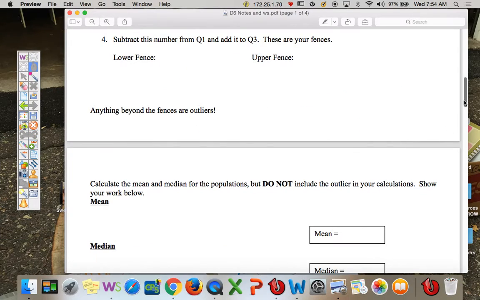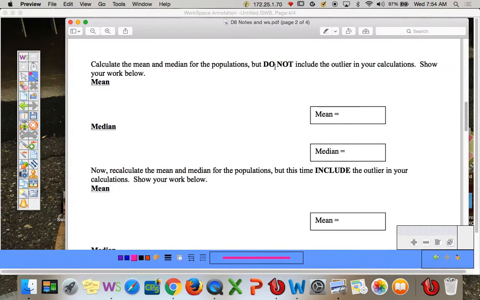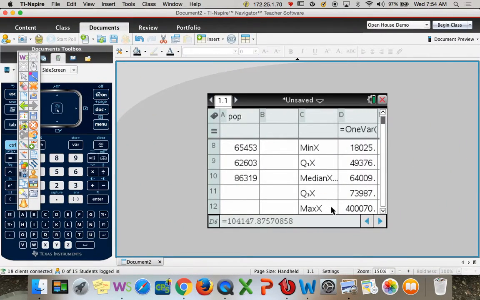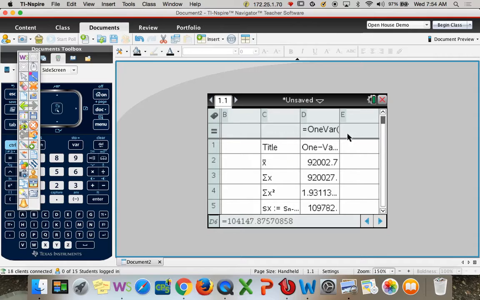Let's calculate the mean, which is the average, and the median for the populations, but do not include the outlier in your calculations. Show your work below. Now recalculate the mean and median for the populations, but include the outlier. I'm going to do this one first. This is in my calculator already. The average is X bar, so I'm just looking at these stats that we have. Here's the average, 92,002.7.